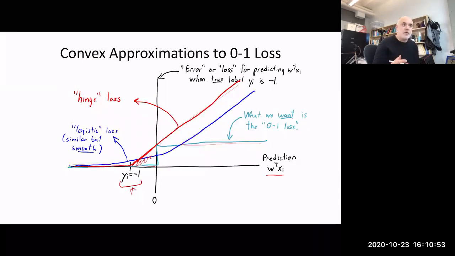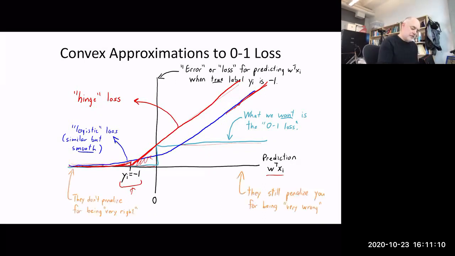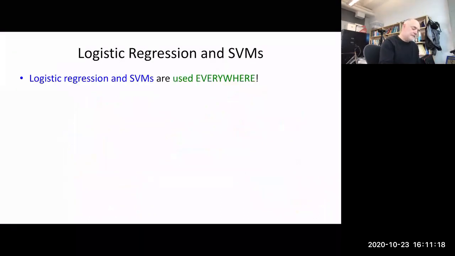It's not a bound anymore, but it's smooth and it approximates the 0-1 loss. It's roughly linear here because of the log x term, and it has an extra little bit of penalty here that goes on forever, that tries to push things even further. The models basically don't penalize for being too right, and they penalize for being very wrong.